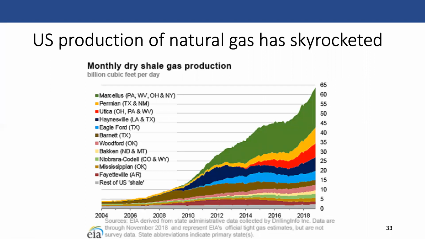And we can also see across the different shale resources, some of the ones I was mentioning, the Marcellus Shale, the Barnett, and the Bakken, all of these have tremendously increased since that technology was first developed. Basically from less than 5 billion cubic feet per day to above 60 billion cubic feet per day. That is a lot of natural gas.